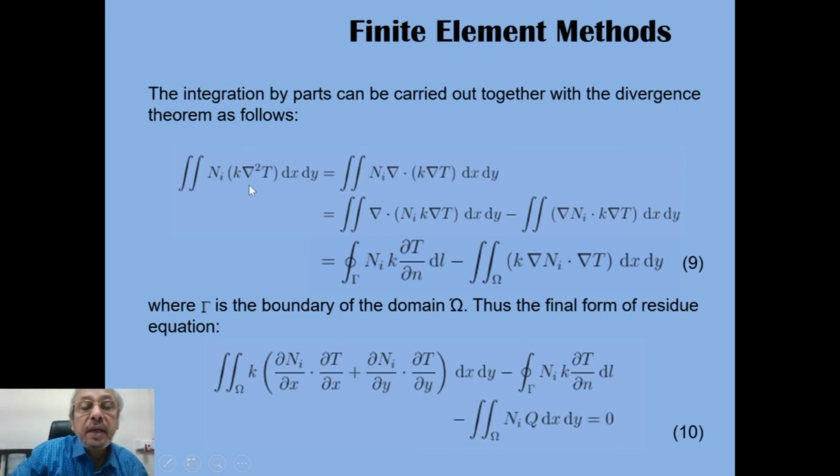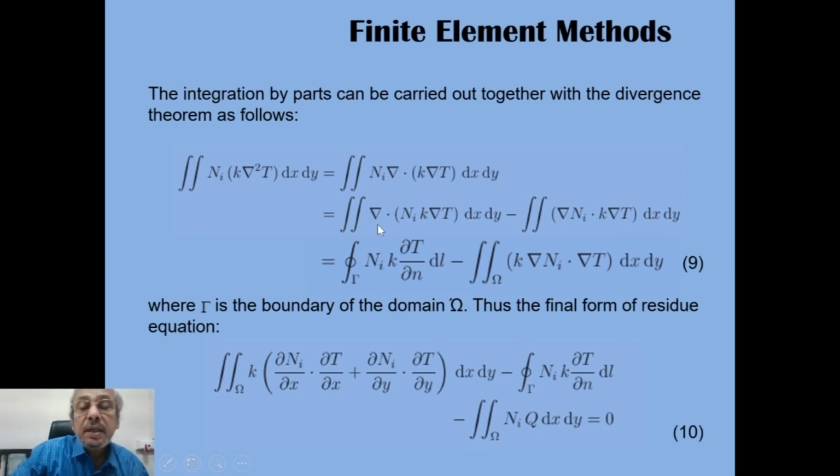So we can write this as Ni grad of (k del T) dx dy, and then by integration by parts we can write the divergence of (Ni k del T) dx dy minus again the area integral of grad Ni dot k del T dx dy.